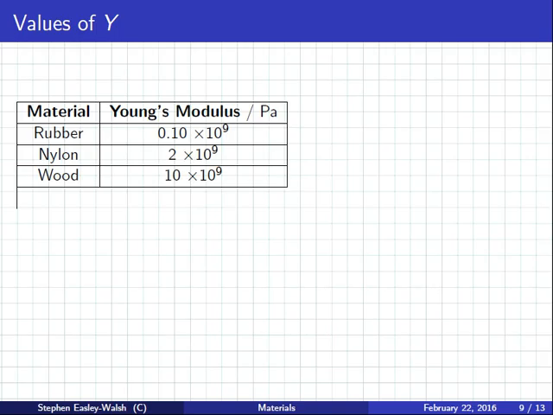Yeah, stress over strain, and it's a bit like a K. Glass is even bigger because you can't really pull glass. You can break it, but you can't really pull it. So it's 70 times 10 to the 9.